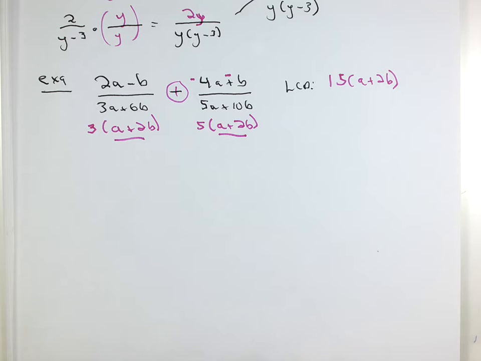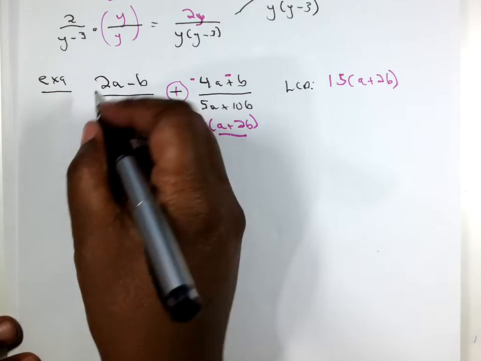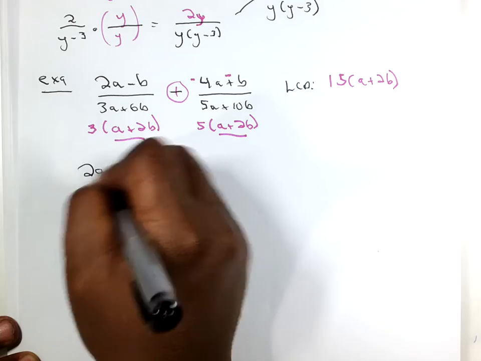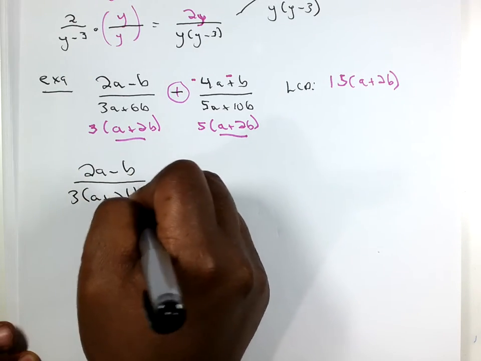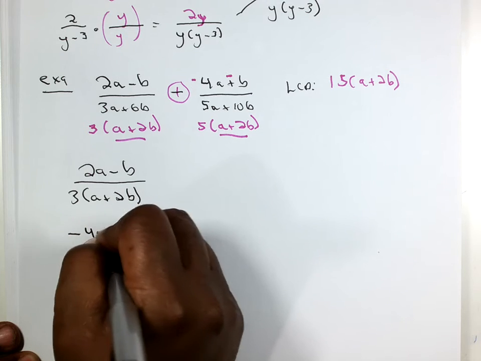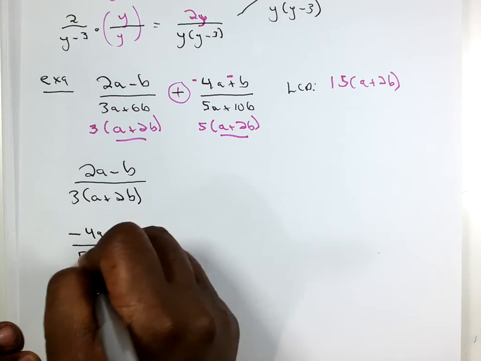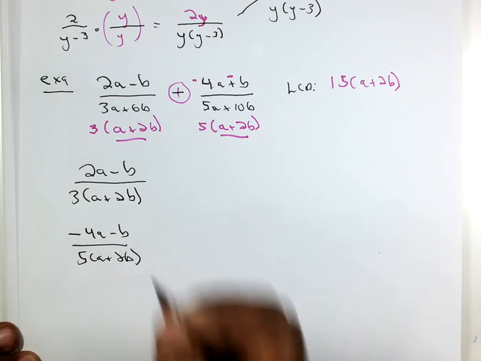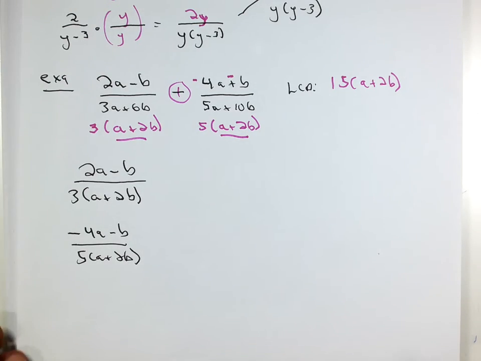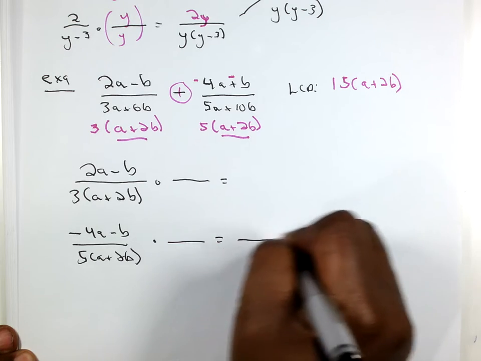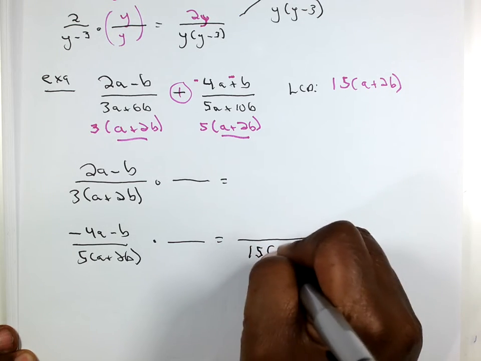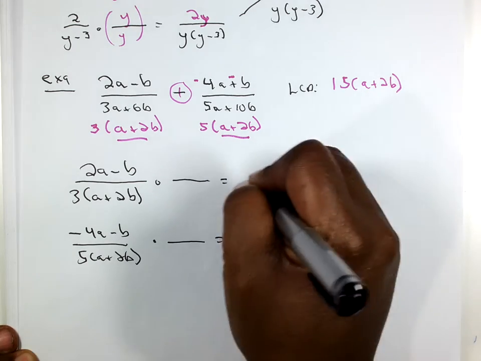So I'm going to write these vertically. So 2a minus b, and I'm going to write it in factored form so I can see exactly what I'm missing. Alright, so we'll have to multiply by some 1s, and we know on the bottom it needs to be 15 times a plus 2b.